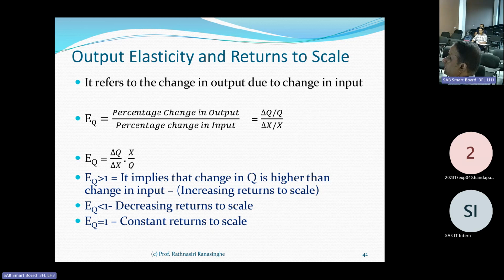That means delta Q over delta L into L over Q. In the same way with respect to change in the capital input, the percentage change in output divided by the percentage change in capital, so we can express the output elasticity of capital as delta Q over delta K into K over Q. That way we can identify the output elasticities with respect to change in both the labor and the capital, separately as well.